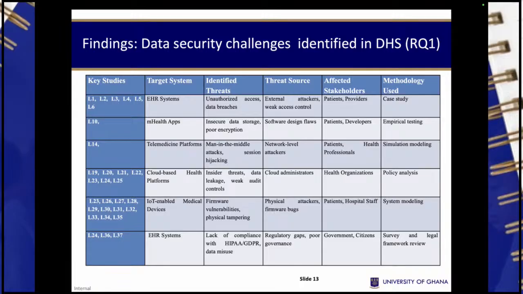It means that that particular paper talks about unauthorized access and breaches. When you look at something like L10, it corresponds to insecure data storage, poor encryption. From these papers, that is 29 papers in all, we were able to identify all the threats that are within the health data.